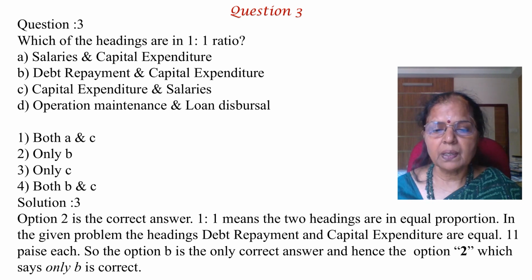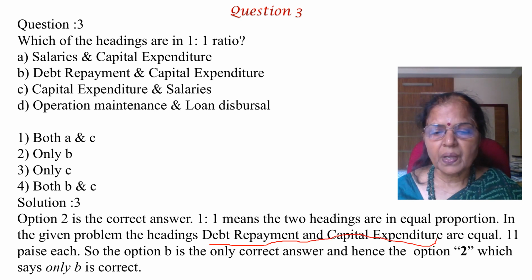And you will see that debt repayment and capital expenditure are 11, both 11 each. So which option is correct? The B says debt repayment and capital expenditure. They are in equal proportion, 1:1.